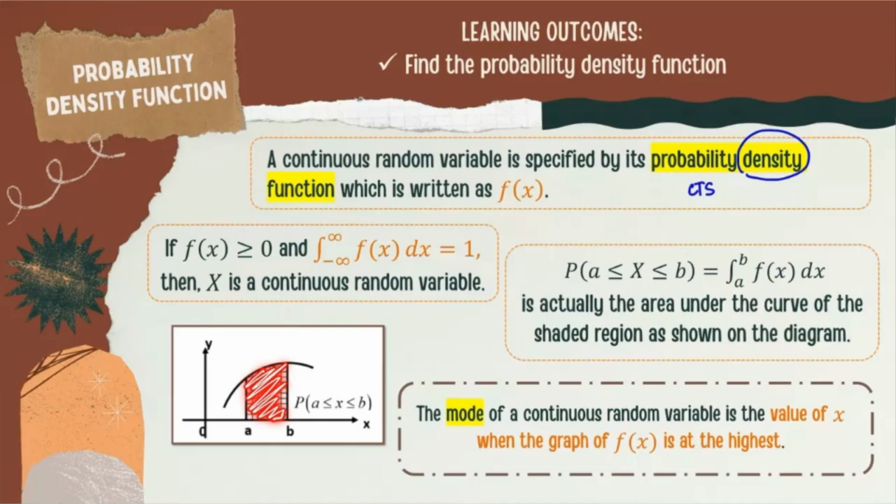Okay, so that means kalau nak dapatkan P of A until B, dia adalah integrate daripada A kepada B. Okay, untuk continuous, ada equal ke, tak ada equal ke, it will be the same step. So for example, kalau dia kata P of A less than X less than B, it will still be integration from A until B of fx dx.